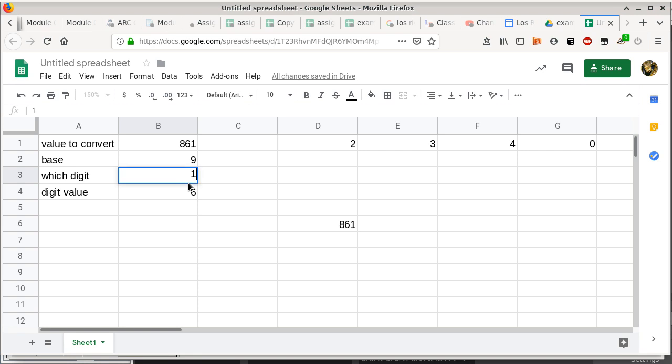Digit 1 has a value of 5. Digit 2 has a value of 1. Digit 3 also has a value of 1. So this spreadsheet just gives you the ability to do all that. Are we okay so far?